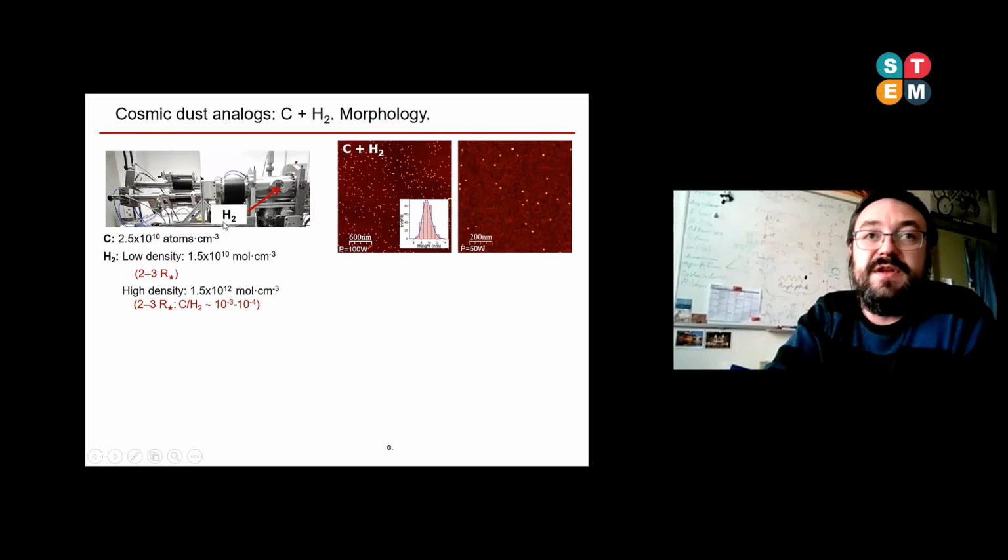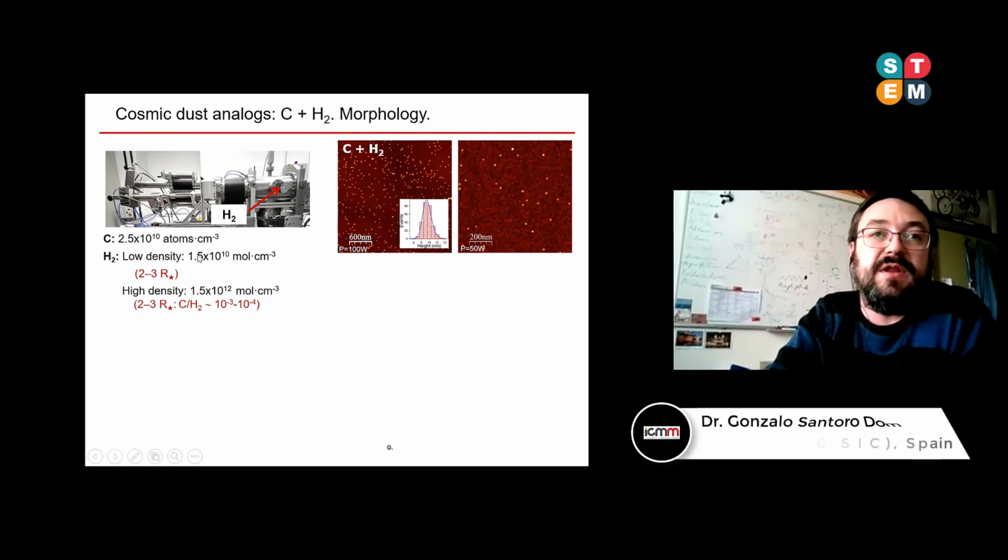We have injected hydrogen inside the aggregation zone of this machine, and we have done it with 2 different densities of hydrogen. This is the density of carbon atoms that we extract, what we vaporize from the solid target, and we have used 2 different densities. What we call low density means that it is more or less on the same ratio of carbon.